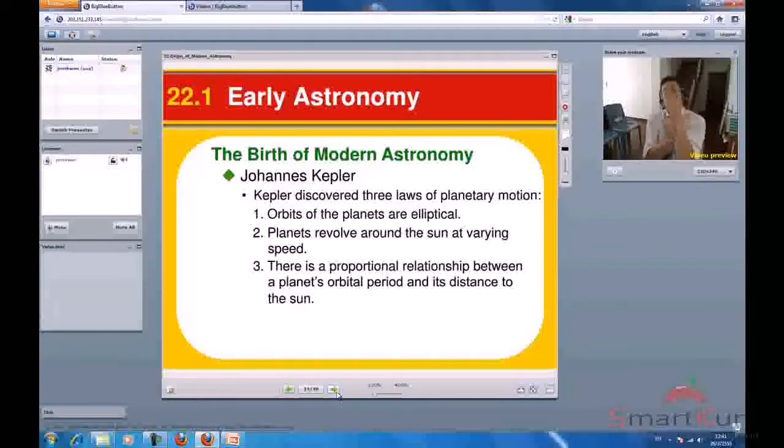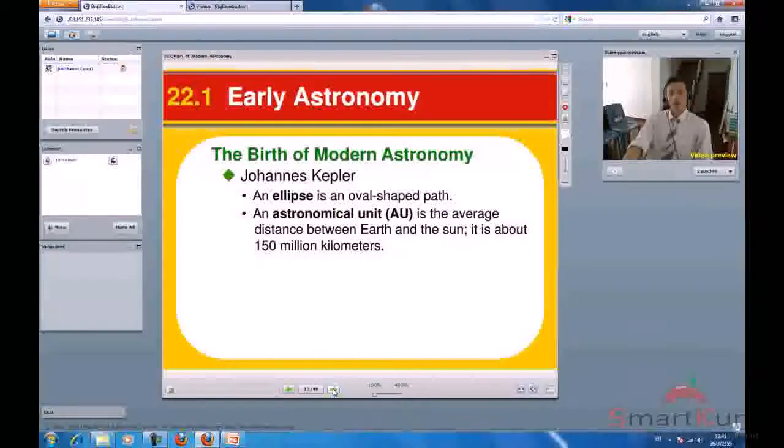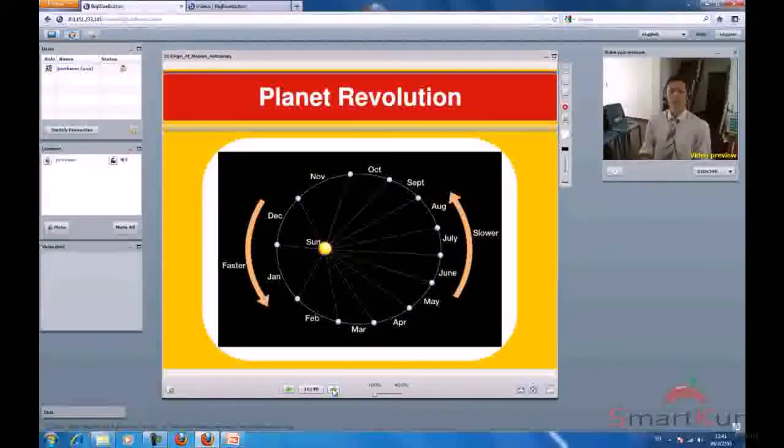He also realized that the planets revolve around the sun at varying speed, which means they don't have the same velocity. It's not like that yo-yo that I'm spinning around. It's moving in a circle, and it's always moving at the same speed. Kepler realized that both of these ideas are wrong. The paths of the planets are ellipses, and those planets speed up and slow down.